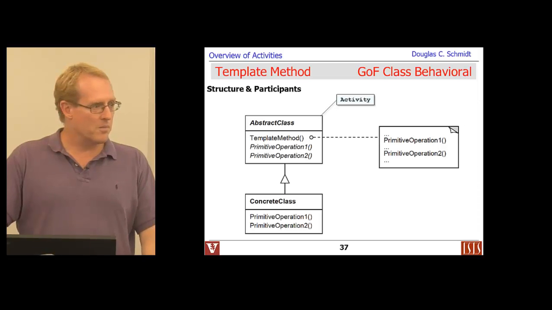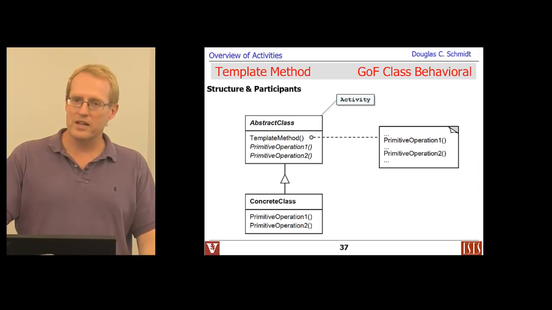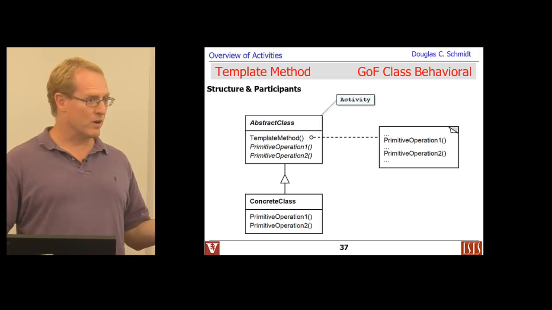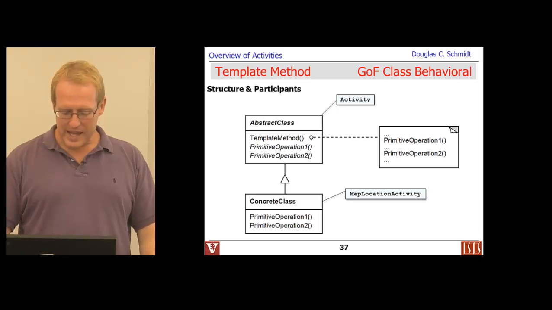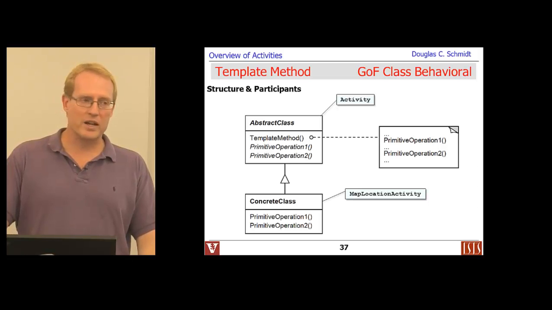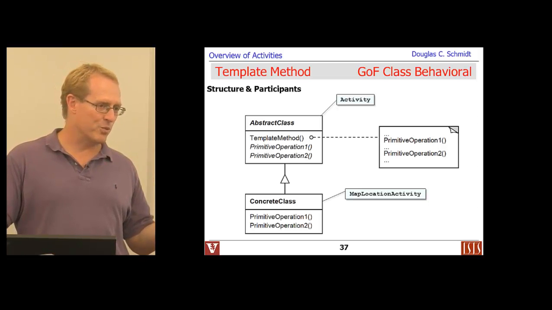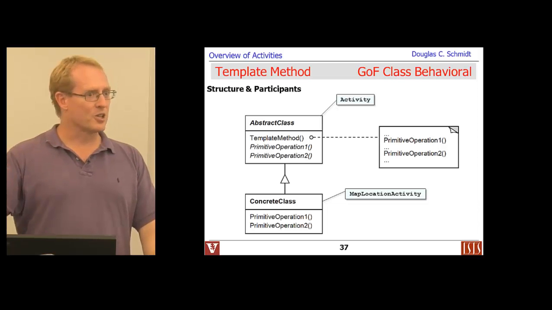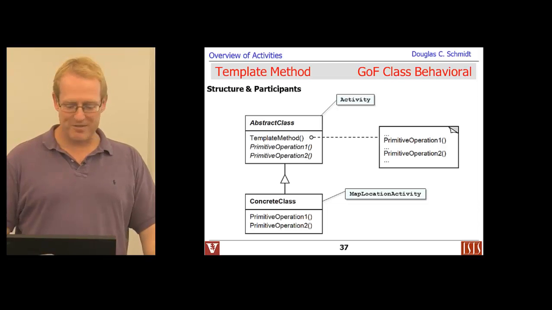So in our particular mapping of this pattern onto Android, the activity class itself is the abstract class, and we'll see that there's a couple different methods or template methods in that context, none of which you actually call directly. That's done for you by the framework. And then you come along and you provide your own activity, like for our particular example, it might be map location activity or lifecycle logging activity or whatever thing is inheriting from activity.